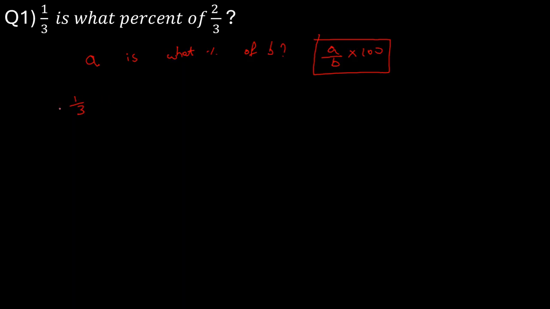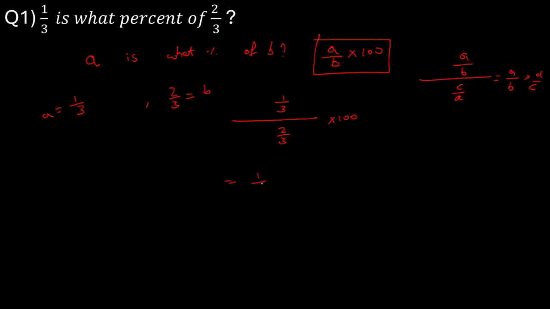So 1 by 3 will be my A and 2 by 3 will be my B. Applying this formula, we get 1 by 3 upon 2 by 3 into 100. If we have A by B upon C by D, this can be written as A by B into D by C. The denominator will be reciprocal and it will be multiplied with the numerator.